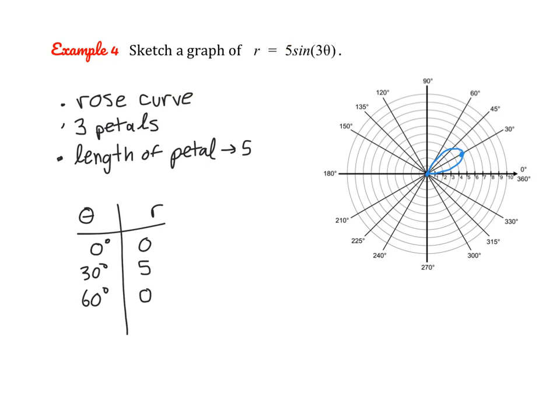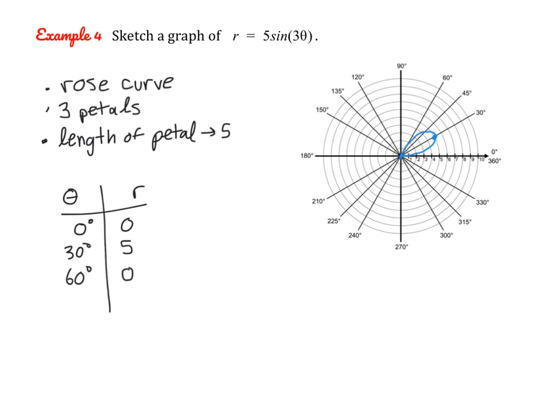So now that we know where one petal is, we know that the other two, again, are going to be evenly spaced. We take 360 degrees and split it up into 3 parts for the 3 petals. So we know that they're going to occur every 120 degrees. We start at 30 and add 120 to that, so we'll have another petal at 150.